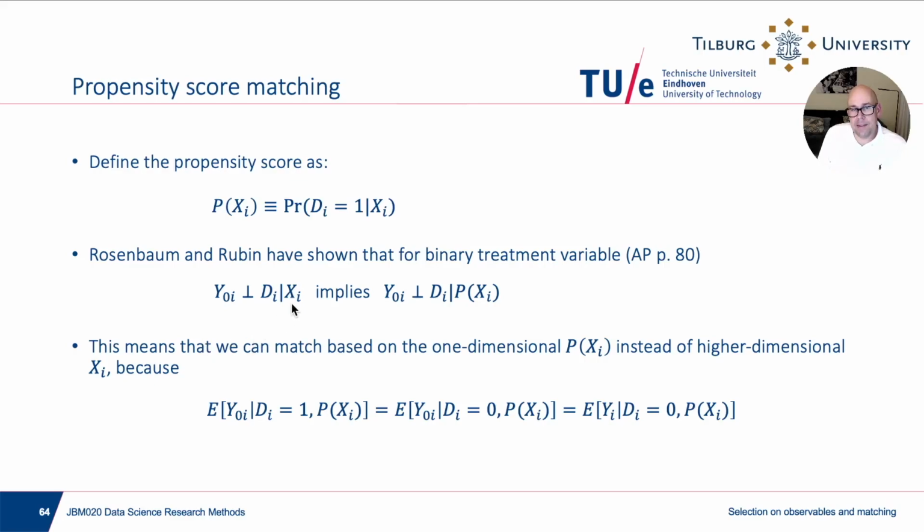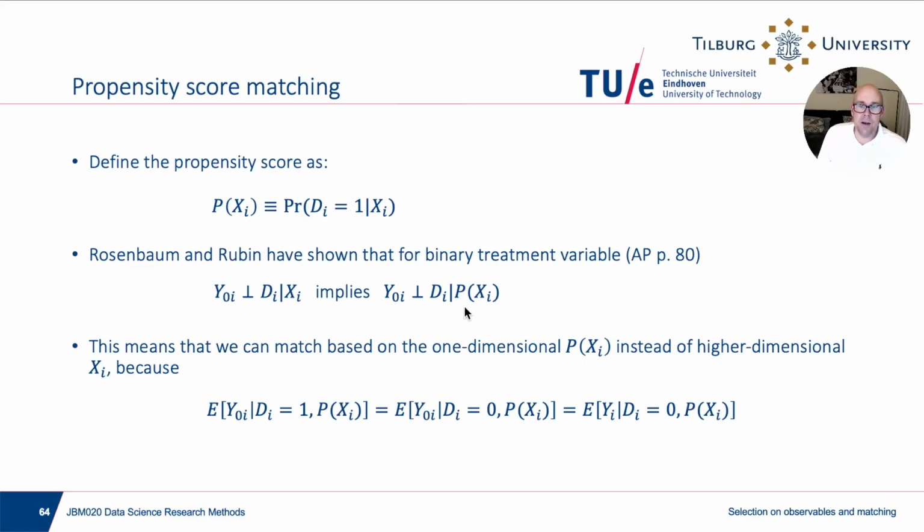What that means is that we don't need to form the groups on the basis of x. It's enough to form the groups on the basis of the likelihood that a member of a group is being treated.